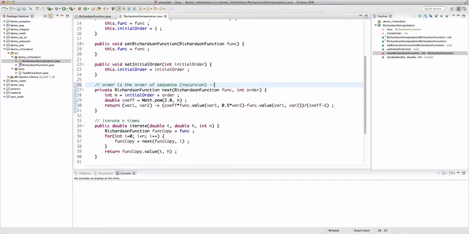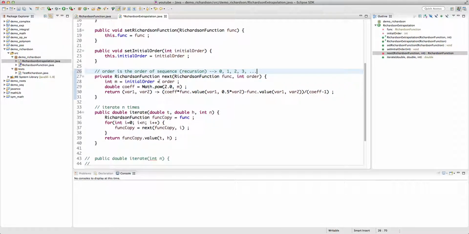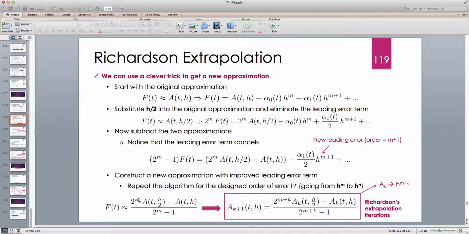So it starts from 0, 1, 2, 3, etc. And this m is basically what goes here in this power, and if you recall, it's m plus k. So order in this case is representing k, right? So if order is 0, we are evaluating a1, etc.